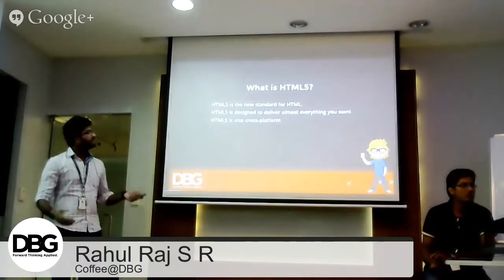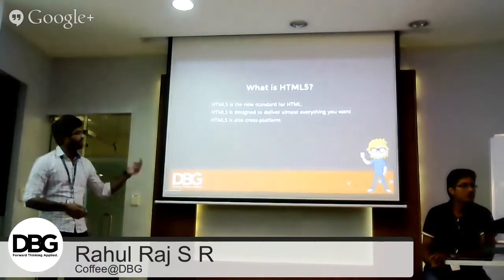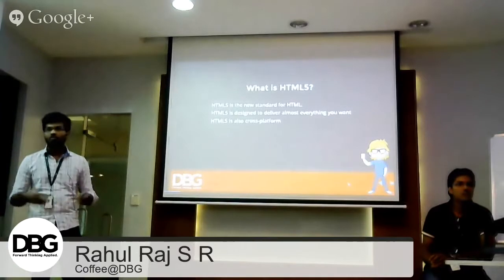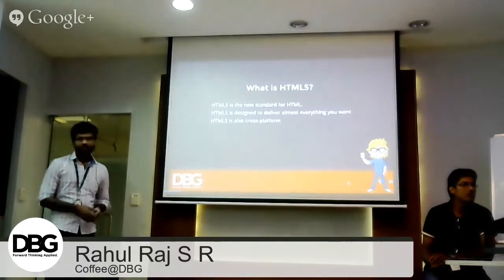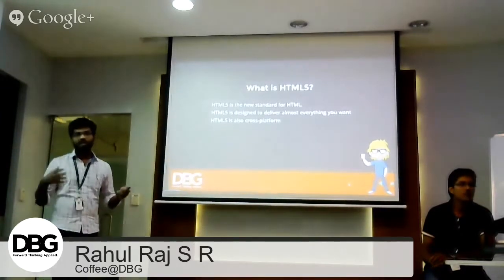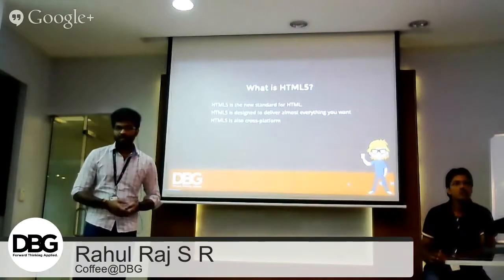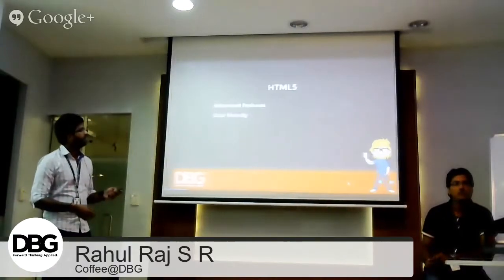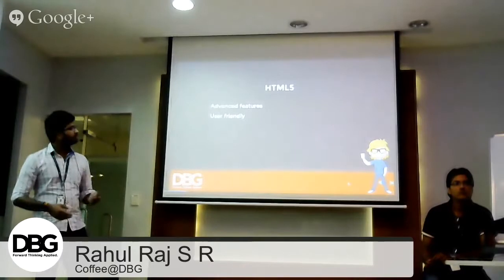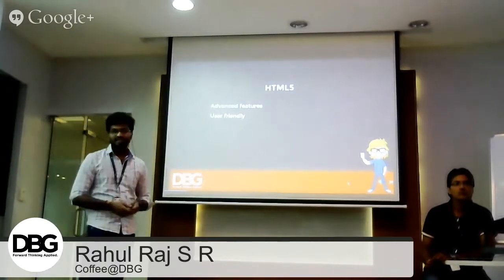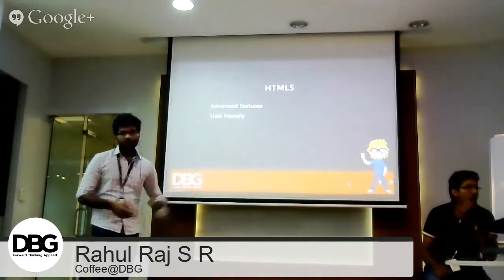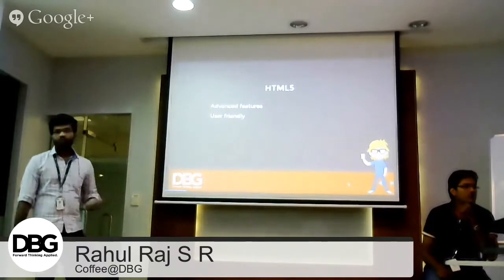It is a new standard of HTML, designed to deliver almost everything that you want. It is also cross-platform and device independent. It is compatible with every device. HTML5 comes with many new advanced features that we can look into in the later slides, and it is so user friendly as well.